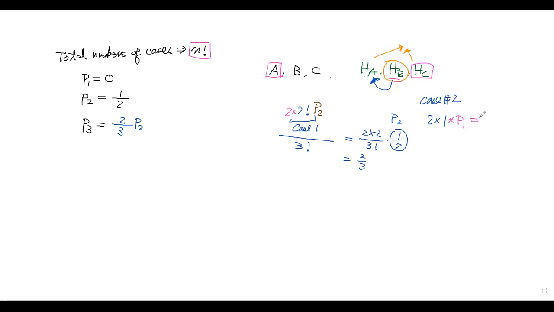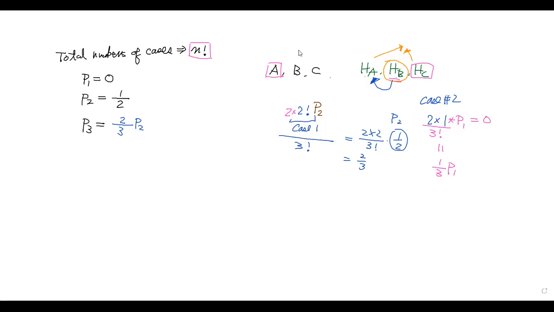So that's why this one here is what? This one will be zero, right? And the total is over what? It's still over 3 factorial. So case 2, you can simplify it to 1 over 3 P1, but since P1 is equal to 0, that's fine.